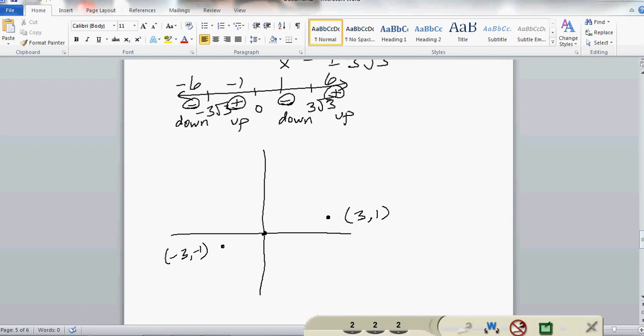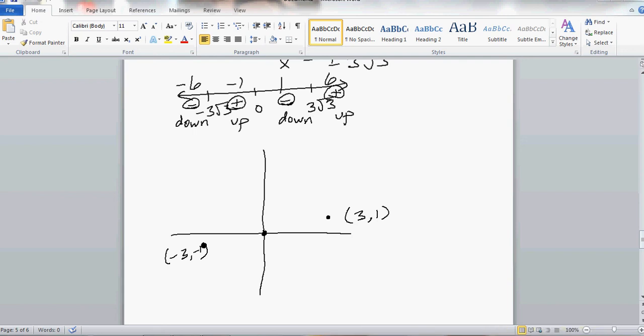Let me change this just a little bit. At 0, 0, we have an inflection point, and we know that it's going to go from up to down, so it's going to go like that part in right there.